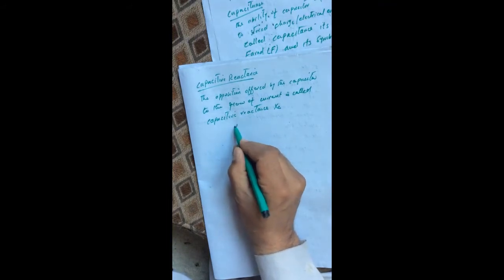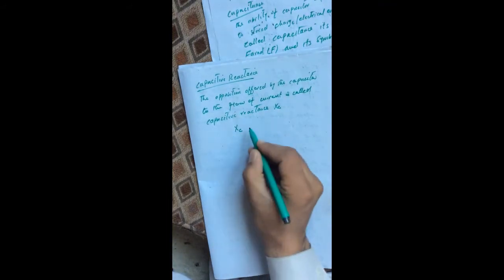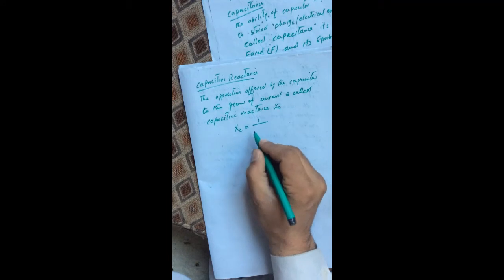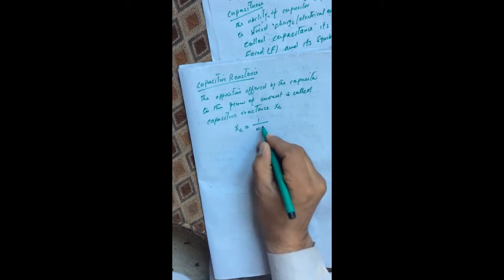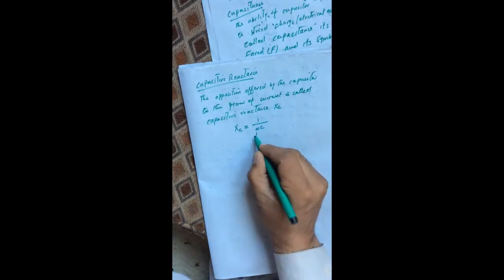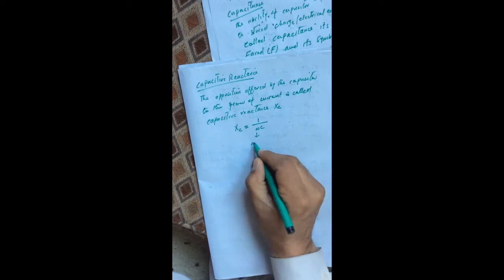I'm not going into the derivation of its value, but I will write the direct expression for this capacitive reactance, which is equal to 1 over omega c, where omega is the angular frequency.